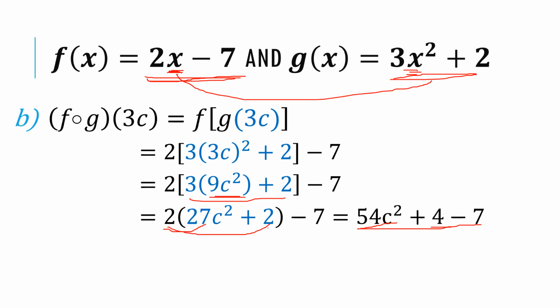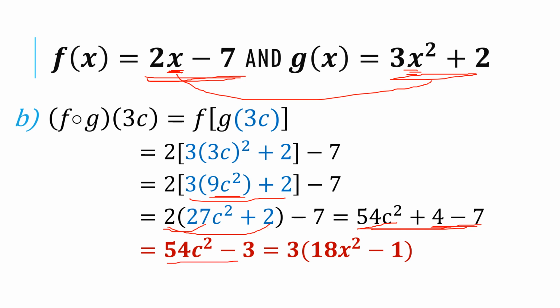And then, combining like terms. Ito lang yung like terms, 4 minus 7. So, here is the answer, 54c squared minus 3, and then factor of 3, kasi ito yung common factor nila, 54 and 3. So, magiging 3 times the quantity 18c squared minus 1.